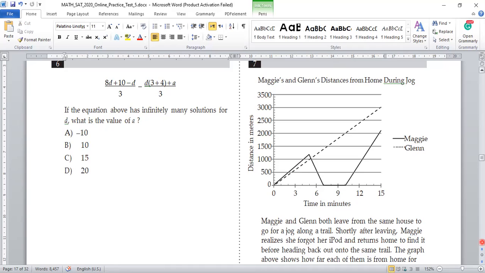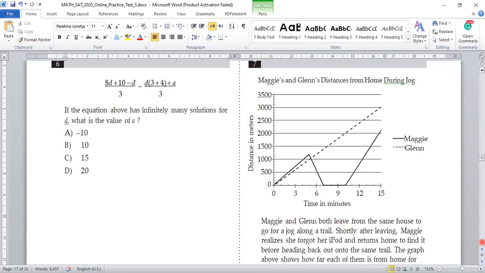Maggie and Glenn both leave the same house to go for a jog along a trail. Glenn is the dotted line, and Maggie is the zigzag line. The legend is given.